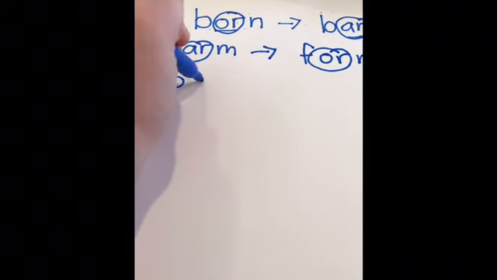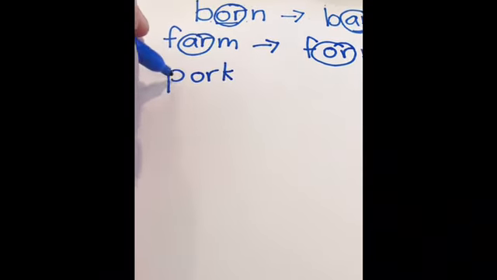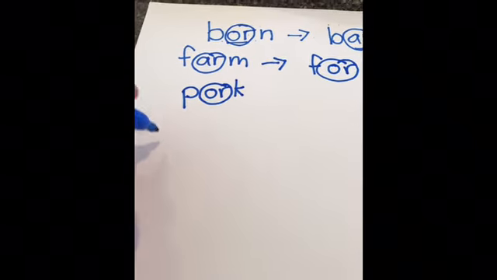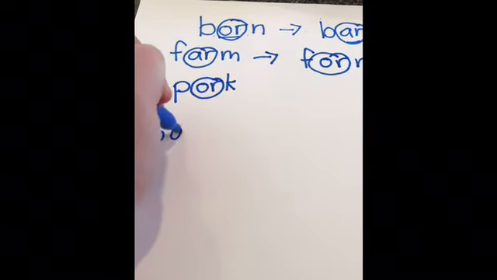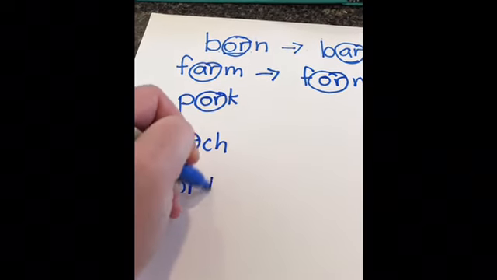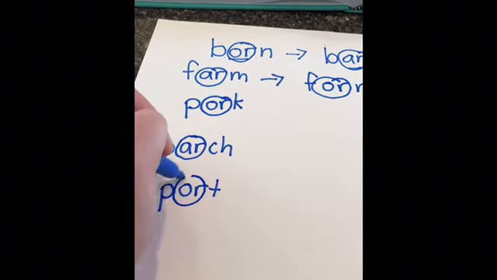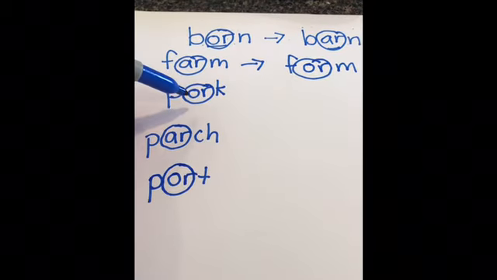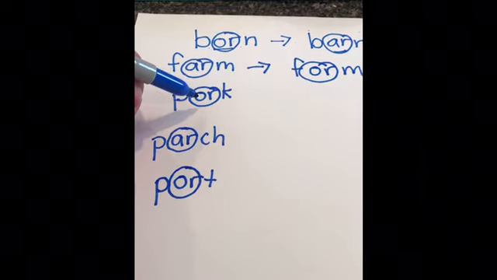Okay. On your piece of paper, I want you to turn pork, parch, and port into the other R-controlled syllable. So for pork, we have P-OR-K.